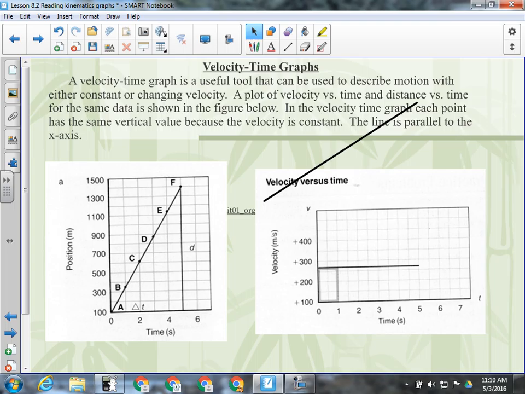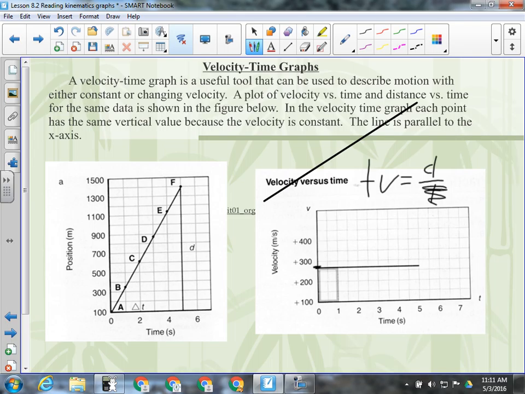So what I'm going to do, okay, listening guys, is I'm going to manipulate v equals d over t for d. So I'm going to multiply both sides by t, and now I've got it set up. So really, I'm taking this and multiplying it by this. In other words, I'm calculating the area underneath this line, this rectangle.